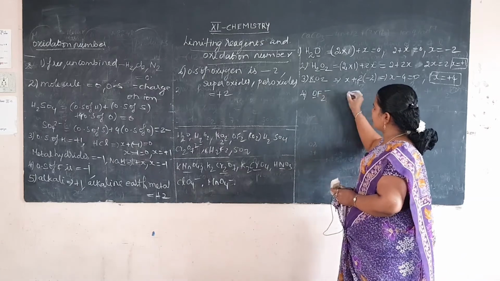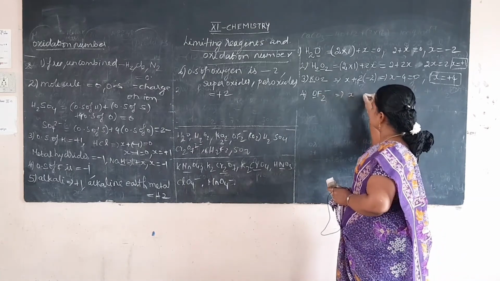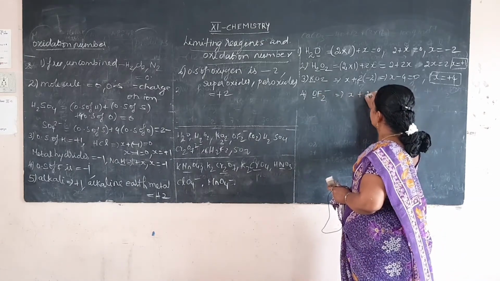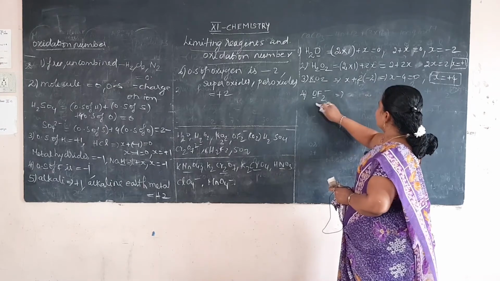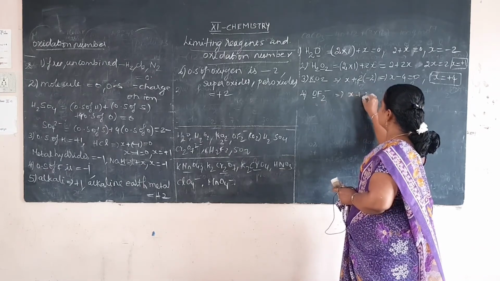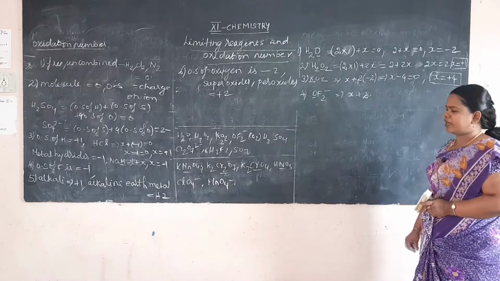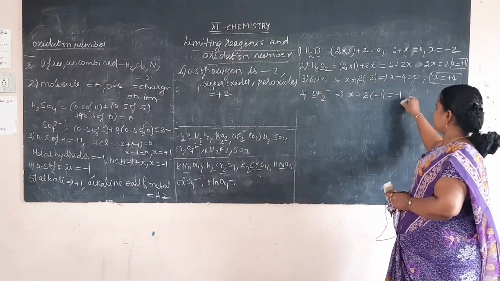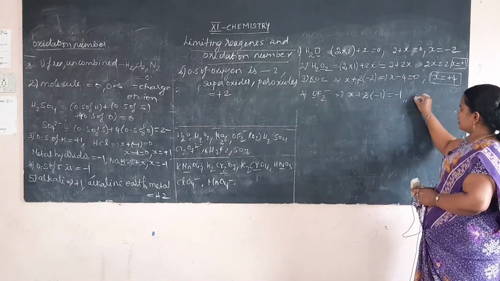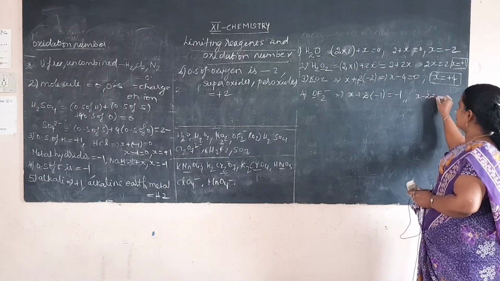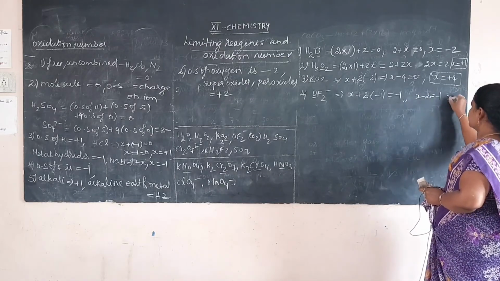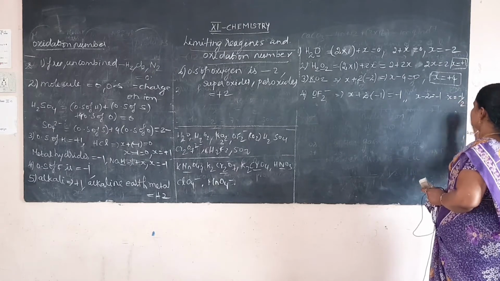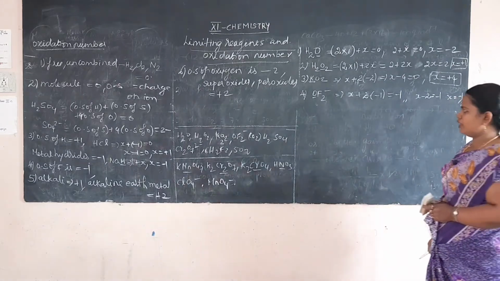For oxygen we'll find out. x plus 2 into fluorine, I told that it is -1, which is equal to -1. Then x - 2 = -1, so x = -1/2.